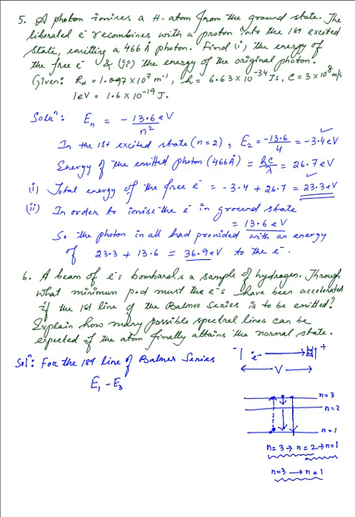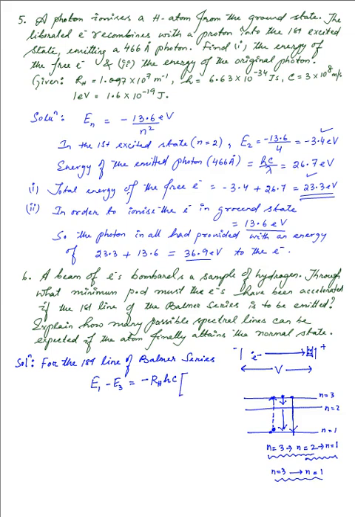Now, as for the first part, we can understand that the energy difference has to be taken from the ground state to n is equal to 3 state, and for that we will be calculating the value. That is minus R_H times h times c, because this is the energy that we are obtaining, not 1 over lambda.